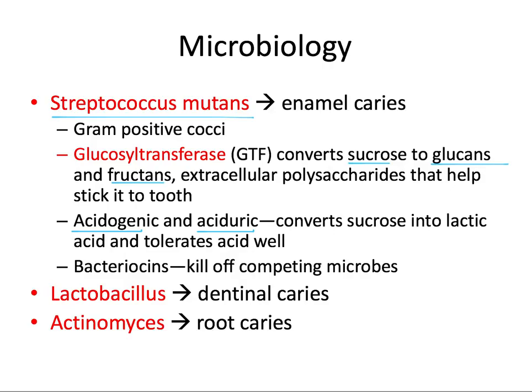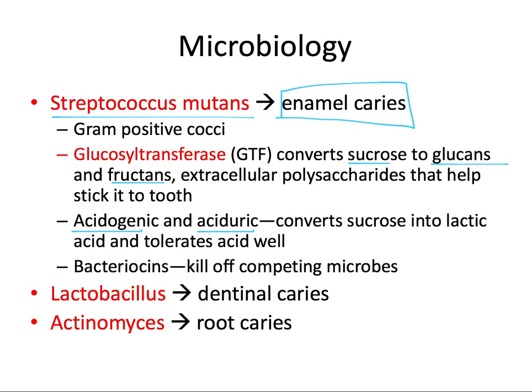It actually likes it. And it also produces bacteriocins, which means it can kill off competing microbes. So this thing is nasty, and it is definitely the main cause of enamel caries, and certainly a really, really important one to know for the board exam and for life moving forward.